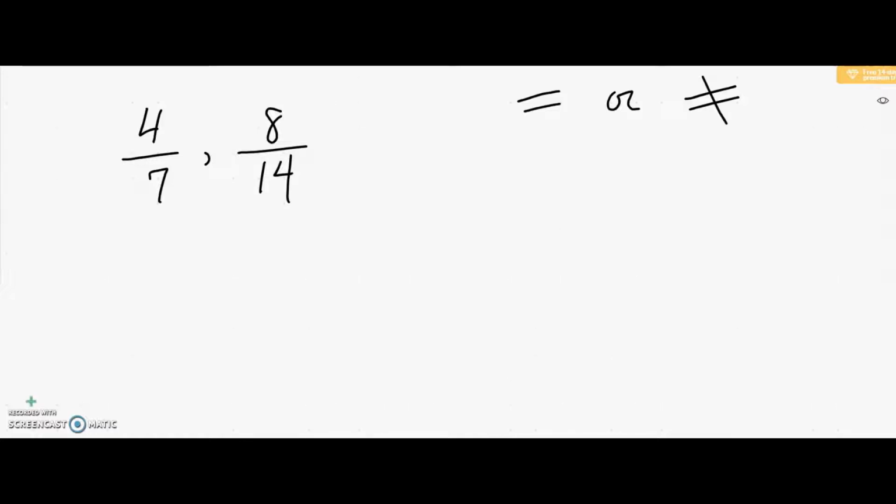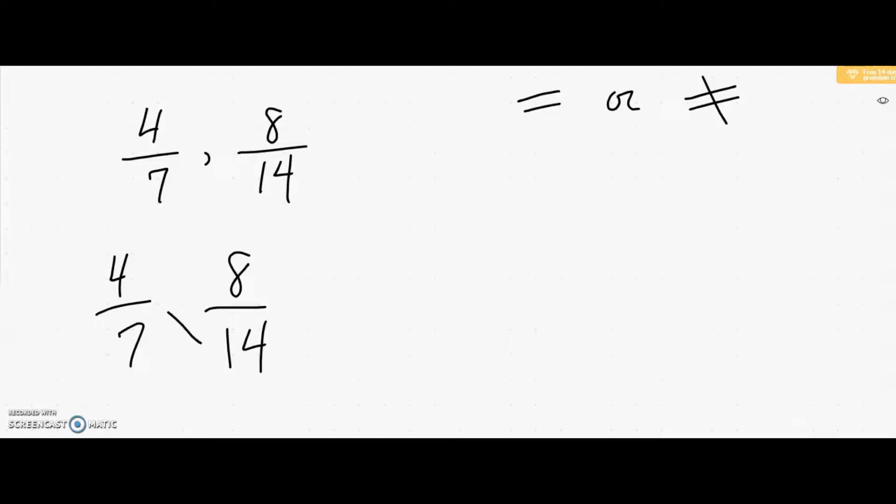The clear-cut way to figure this out is you take your 4 and your 7, and then you take your 8 and your 14. What I'm going to do is cross multiply them.